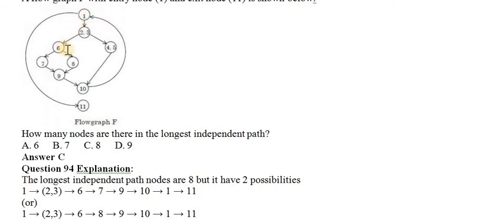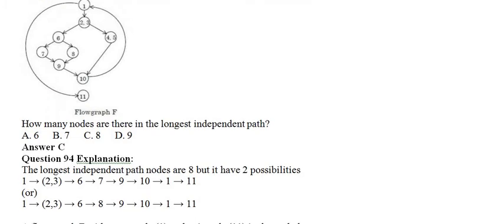From here we can travel here. So the longest path is 1 2 3 4 5 6 7, but not only 7; again it will be going here, just imagine we move like this and go here. Totally, from 1 we are traveling to 11, so it is 8.